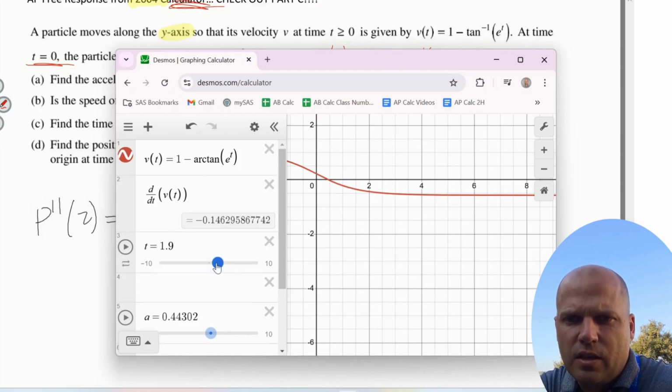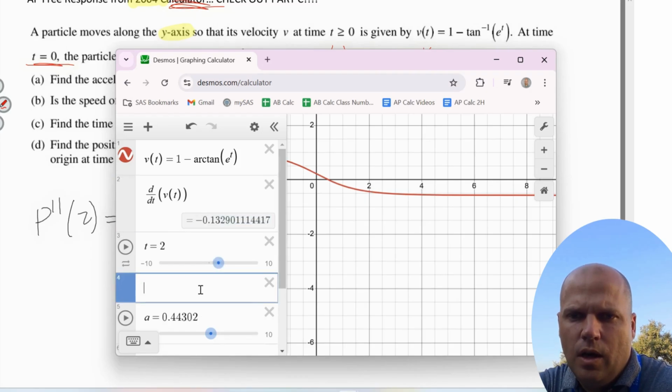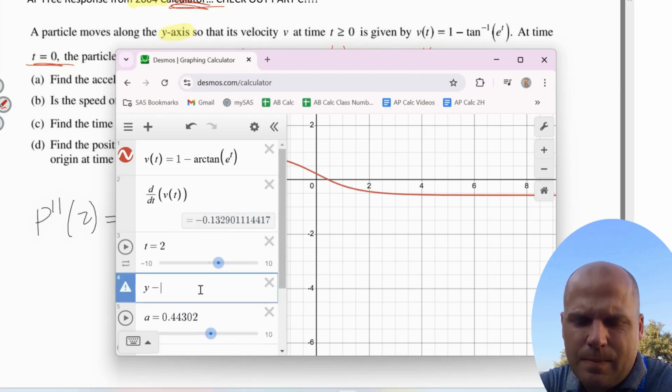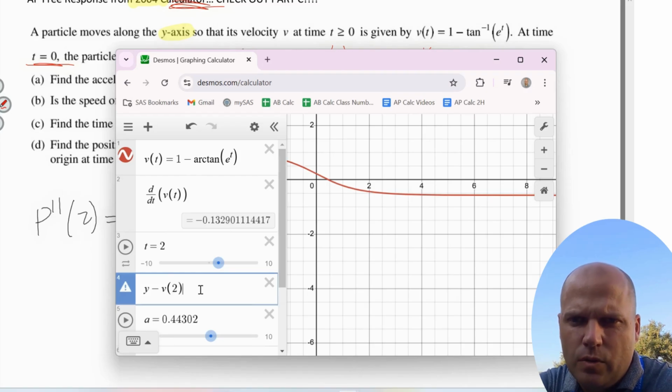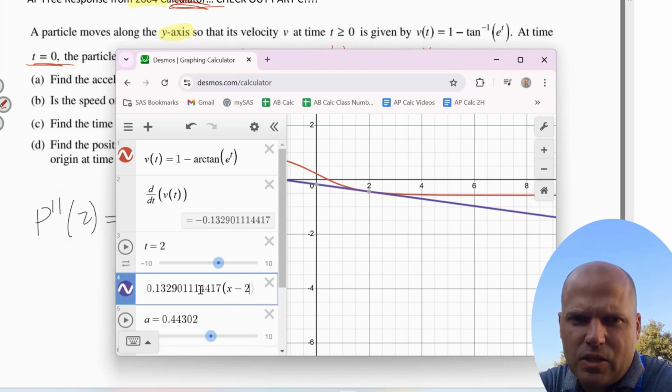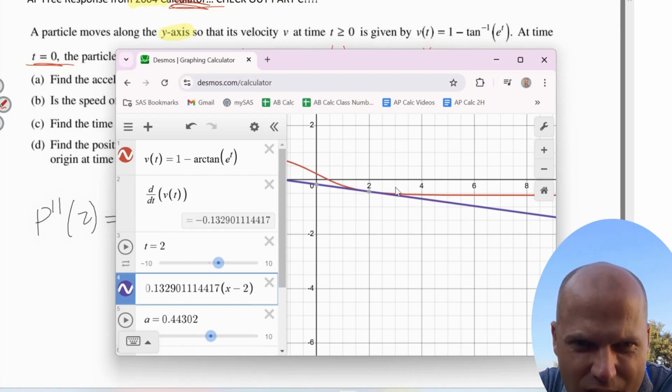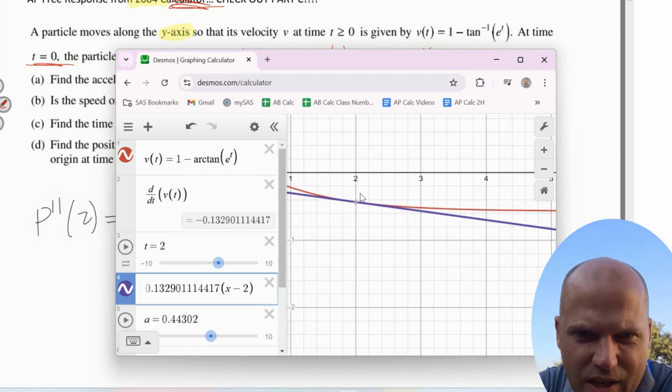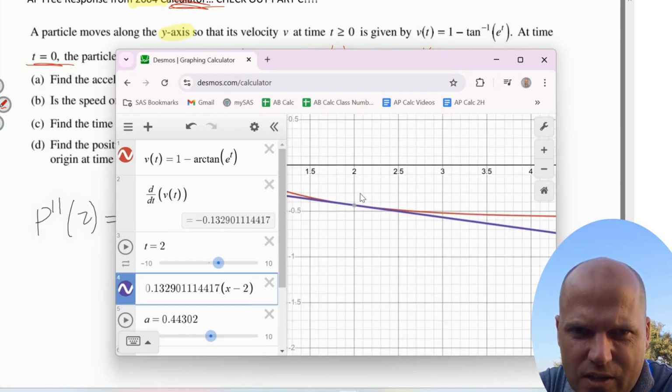We could check this. Let's copy that. Y minus v of 2 equals that value times x minus 2. Is that the equation of the tangent line? Yeah, it is. So it's like, good.